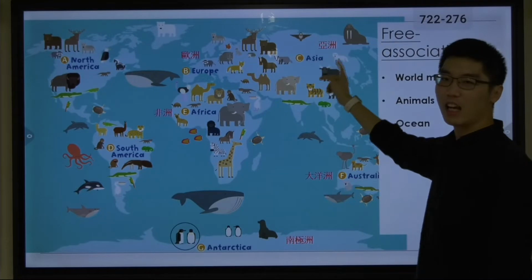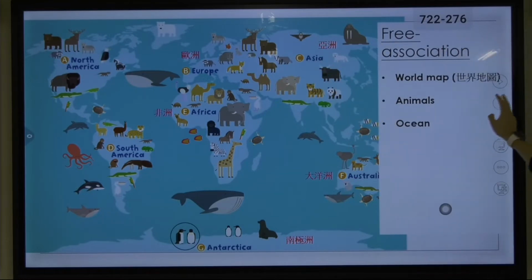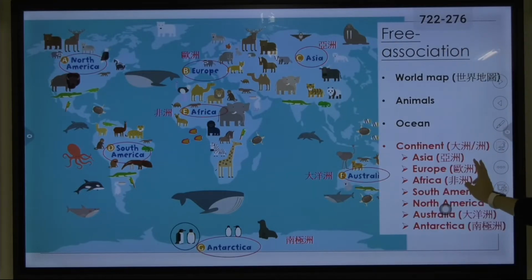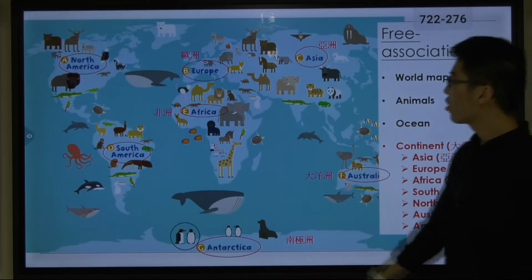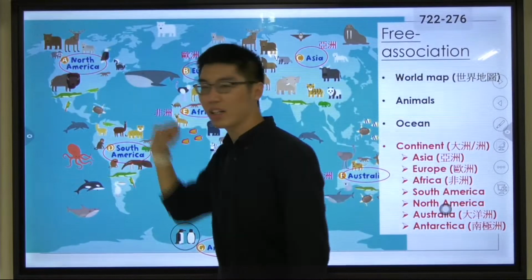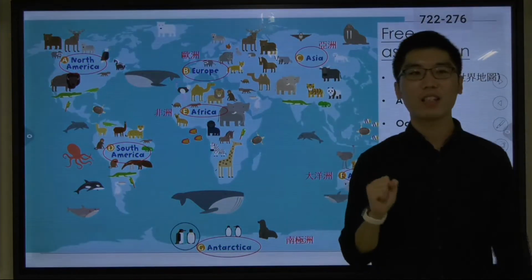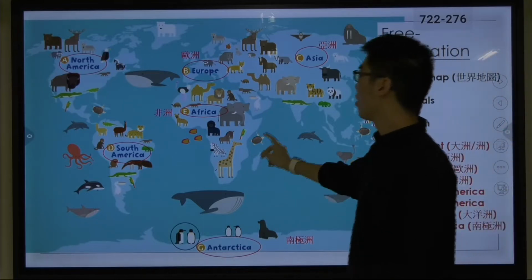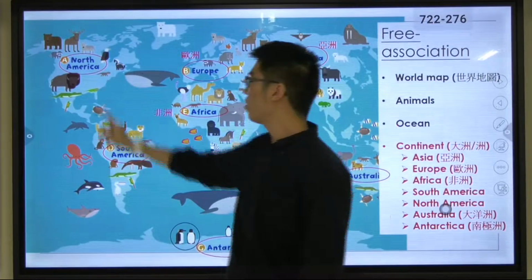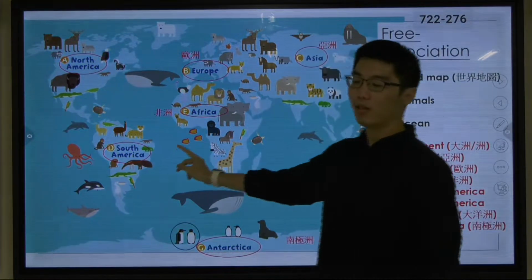China and Hong Kong are in Asia. These are the Chinese meanings for you to remember. North America: this America does not just mean USA, 美國. It means 美洲. So this is North America, 北美洲. This is South America, 南美洲.